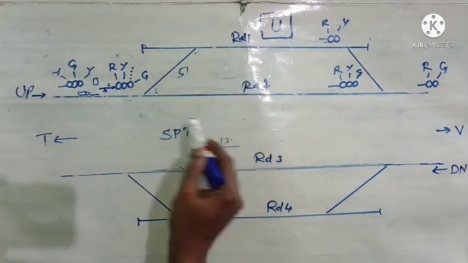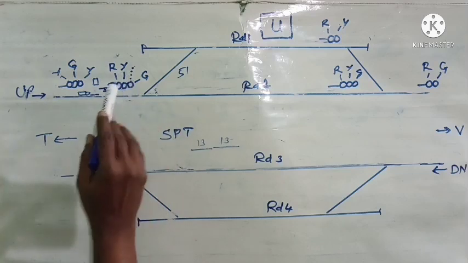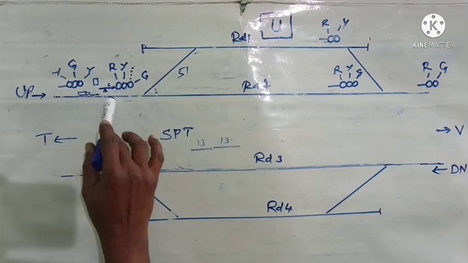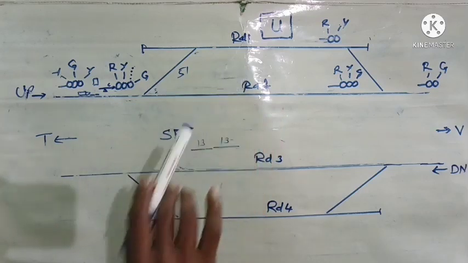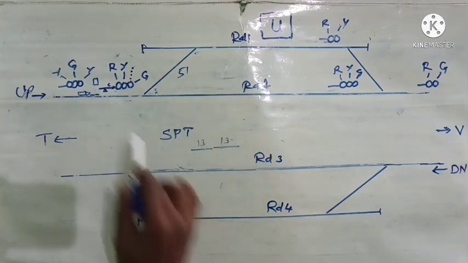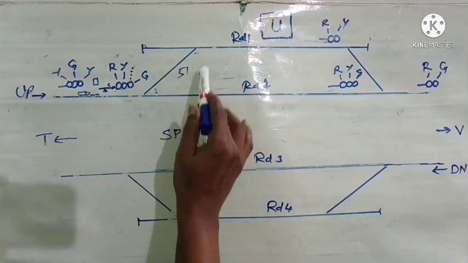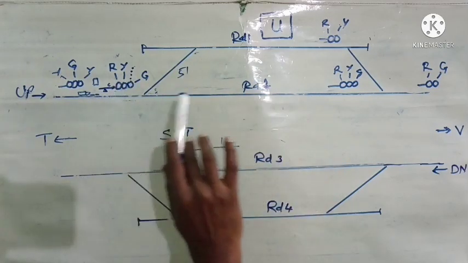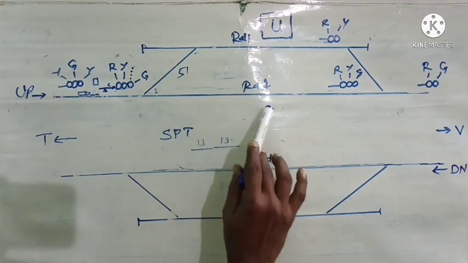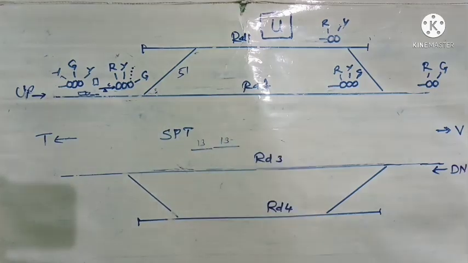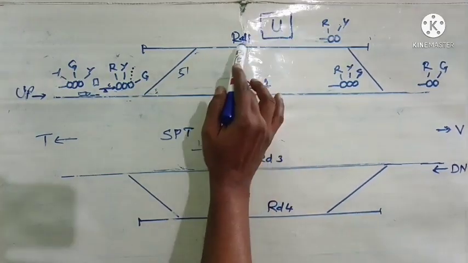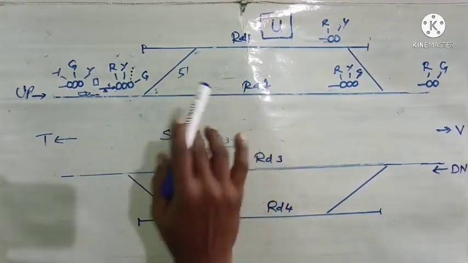Here the loop line will not be shown, only this small white light will be burning. When the calling on signal is cleared, the loco pilot must proceed only with a restricted speed. So here it is 15 km for the loop line. Even if it is on the main line, the loco pilot must come with a restricted speed. So if there happens to be any obstruction or any problem with the track, he can stop the train immediately.